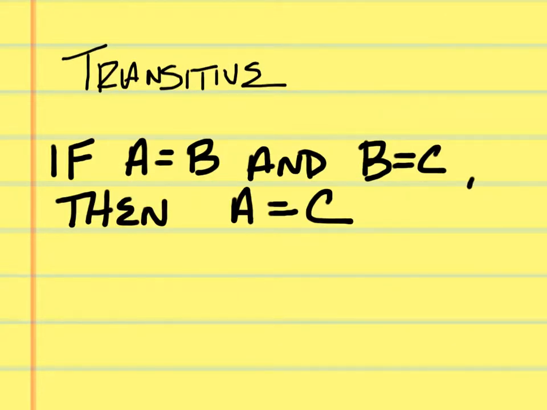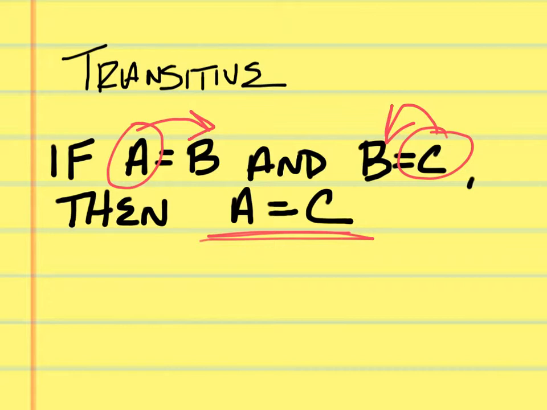The transitive property is that if A equals B and B equals C, then A equals C. Notice that if something is equal to B and another something is equal to B, those two somethings can be equal to each other.